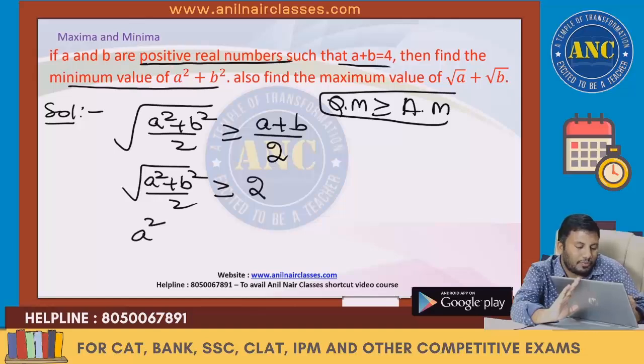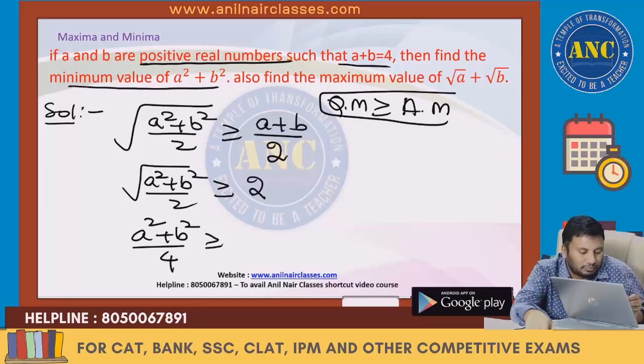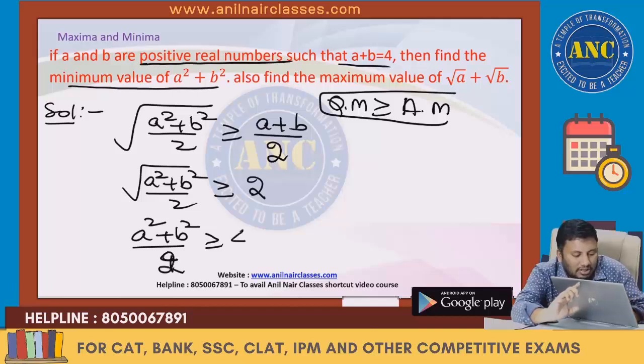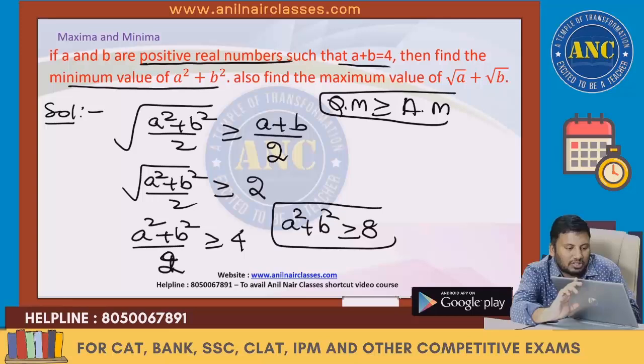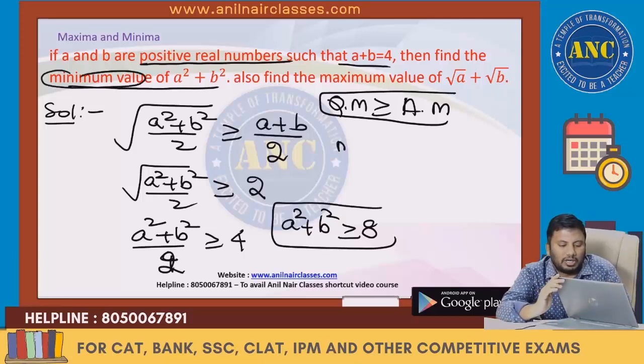So (a square plus b square) by 2 is greater than or equivalent to 4. So a square plus b square is greater than or equivalent to 8. This is the first one, minimum value of a square plus b square. Method 2, you can substitute. It's a symmetric function.